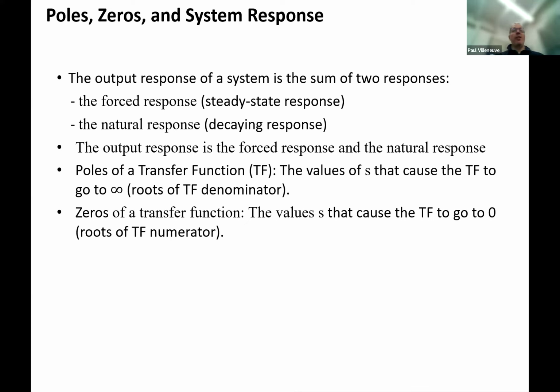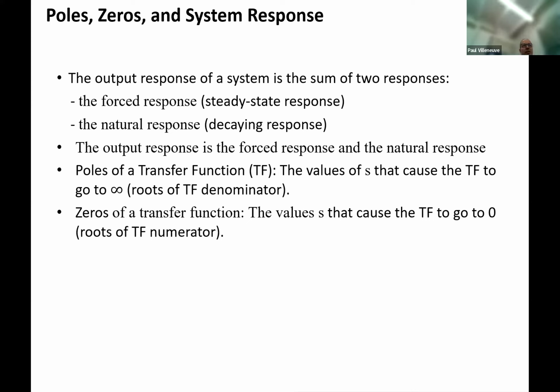The natural response is the system is configured in a way, and there's not much we can do to change the characteristic of the natural response. That always decays over time, but that's basically the system's way of saying, I am changing and I may or may not like the change, so I have to adapt my system to get this response. So you sum the two and you have the output.